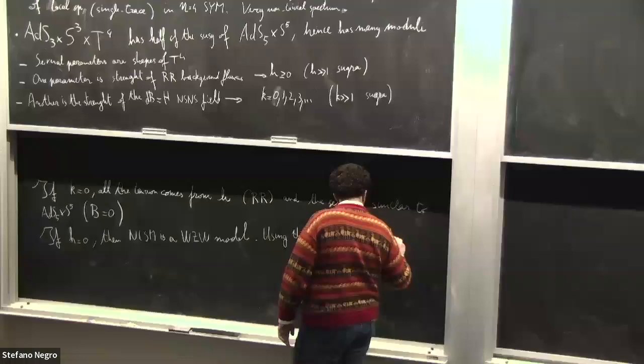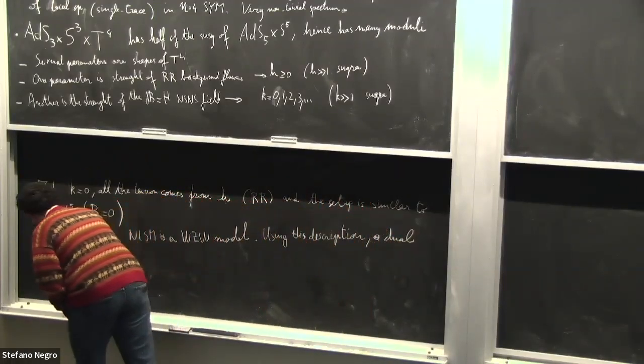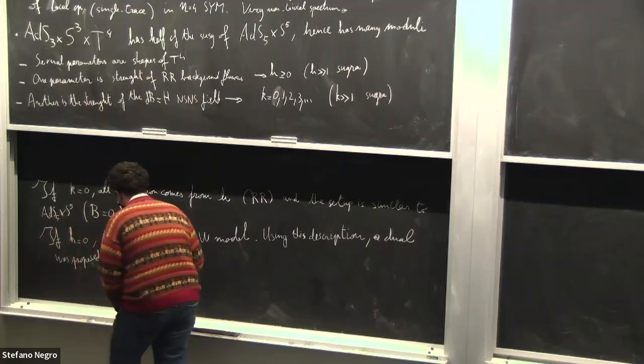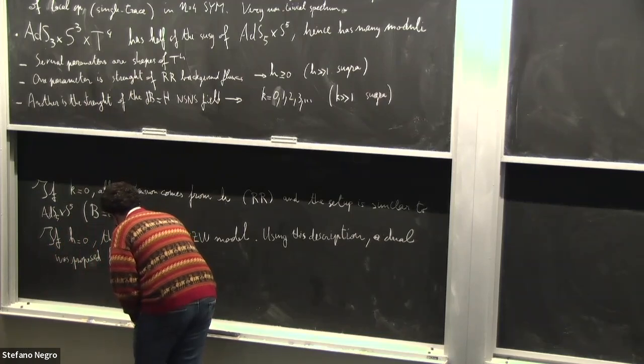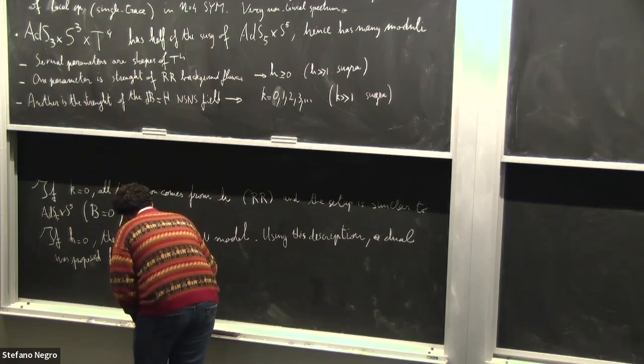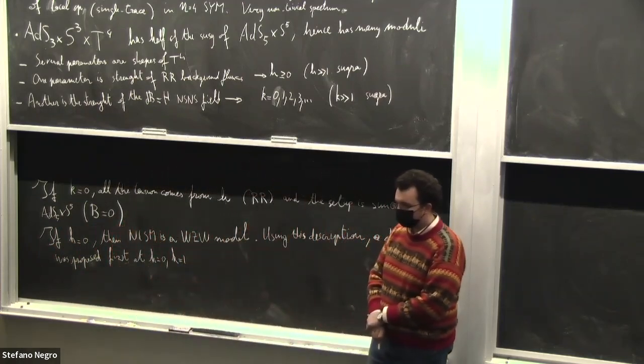a dual was proposed. First, at a very, very special point at H equals 0, K equal 1, which is really the lowest amount of NS-NS flux that you can have.